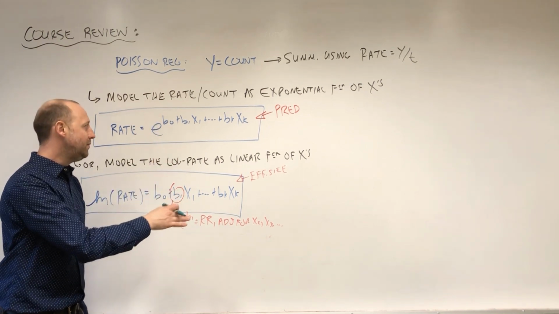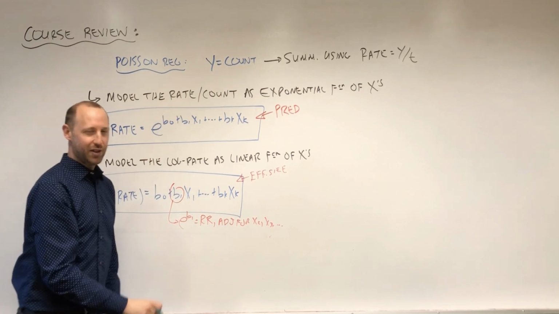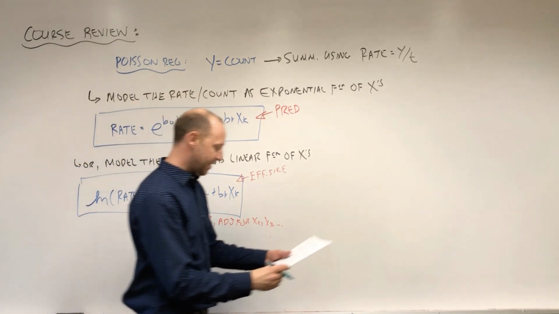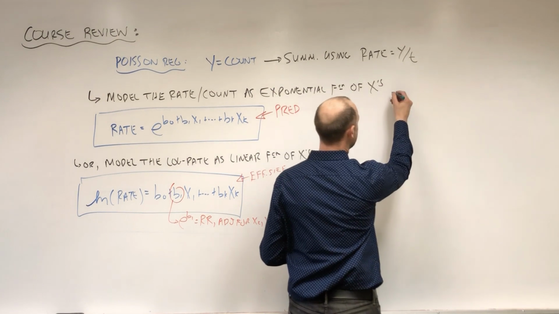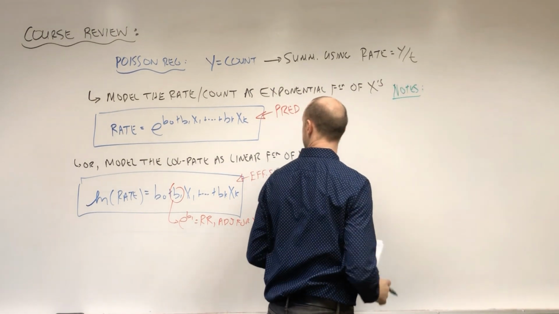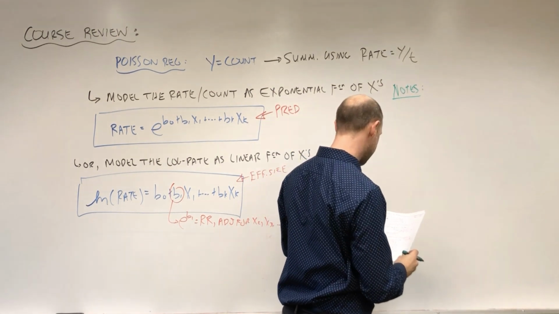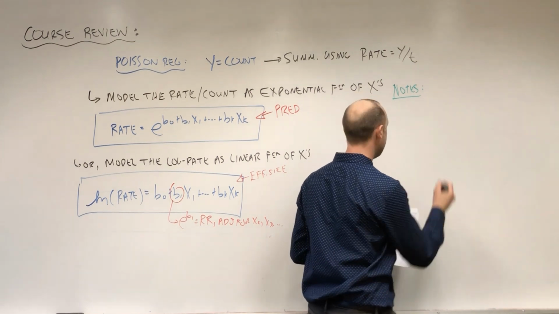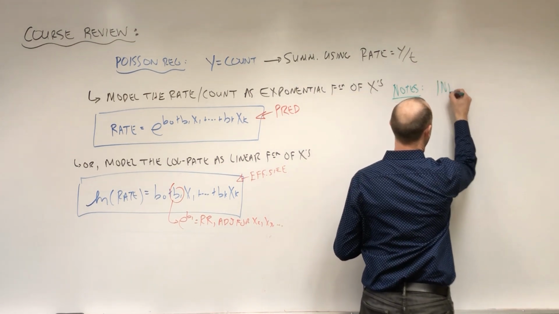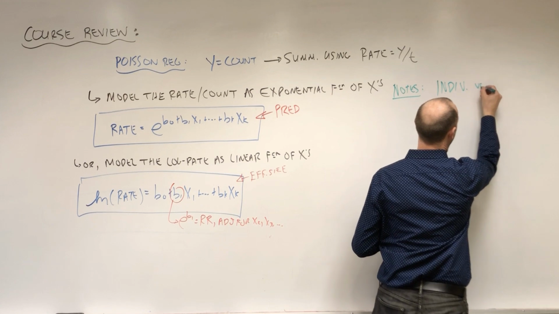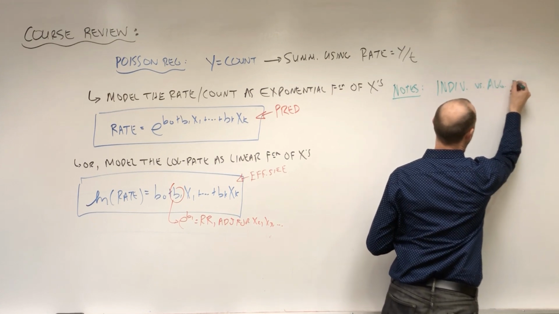There are a few notes about how these differed a little bit from the linear or logistic regression that we've seen so far. Some things that made Poisson data, or count data and rate data, a little bit different: first is the idea of individual versus aggregated data.